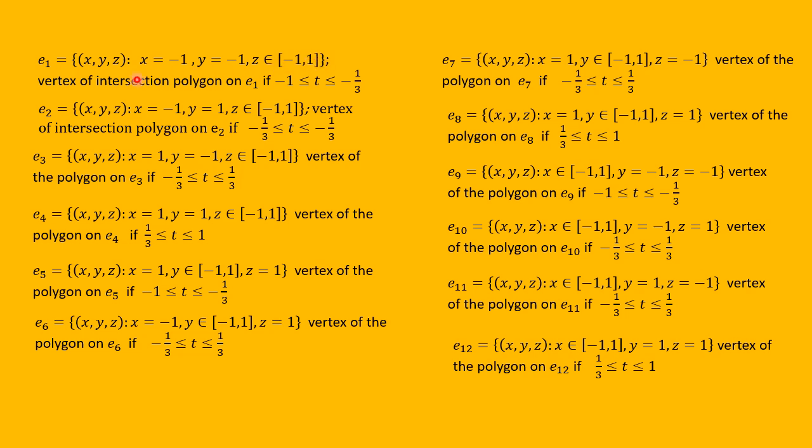Well, in that case, the intersection polygon has a vertex on E1 if t is between minus 1 and minus 1/3. Similarly, for E sub 2, defined as before, the intersection polygon in that case has a vertex on E2 for values of t between minus 1/3 and 1/3, and so on for all 12 edges of that cube.